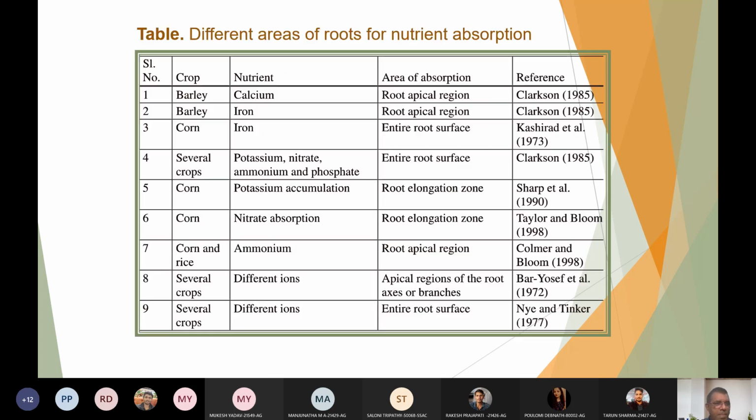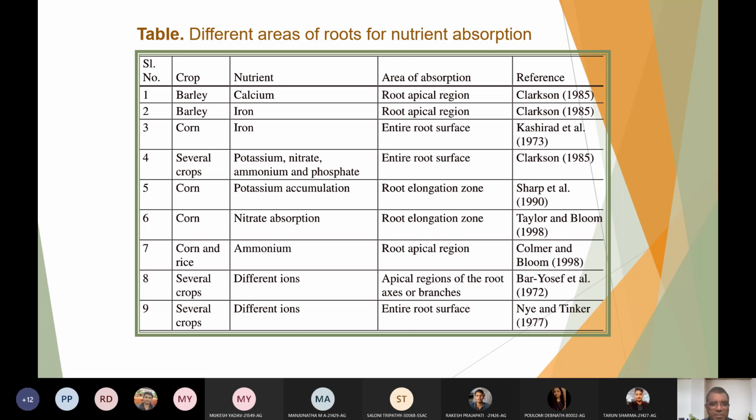Now you see different areas of the roots for nutrient absorption. Many times we understand that nutrients or water are taken up only by root hairs, but that is not true. There are some other areas of the roots which absorb nutrients. You can see different areas of roots for nutrient absorption.